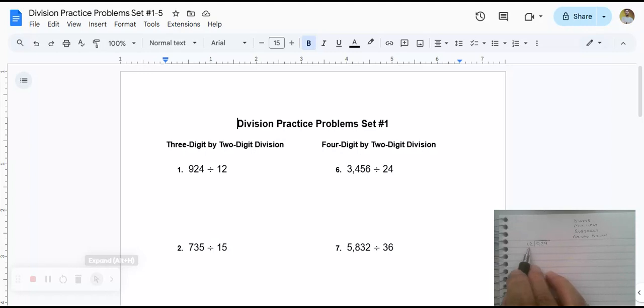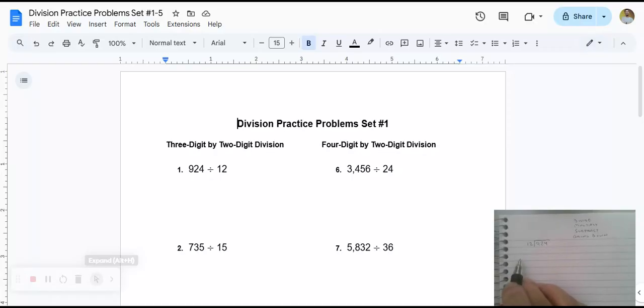So what is 92 divided by 12? Now we can count by 12s. If you notice, though, 12 is near 10 and 92 is near 90. You can think of whether 12 can go into 92 9 times. I know 10 times 9 is 90, and 2 times 9 is 18, so that's going to get us 108.